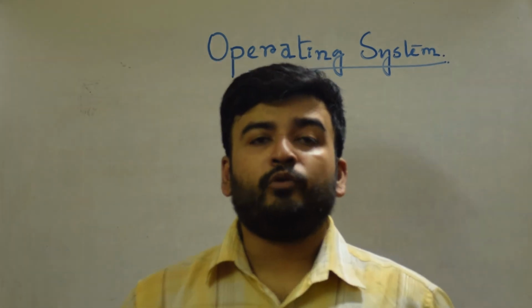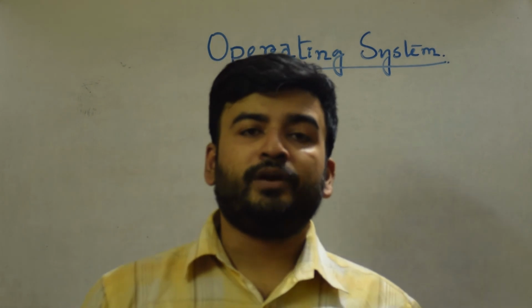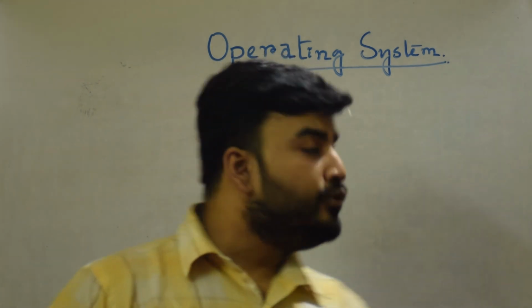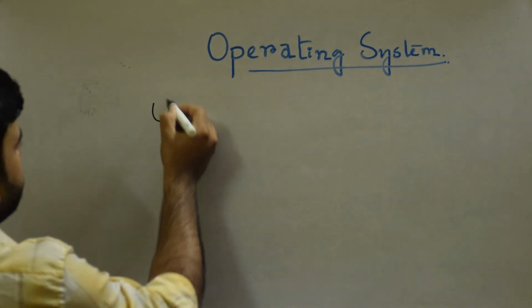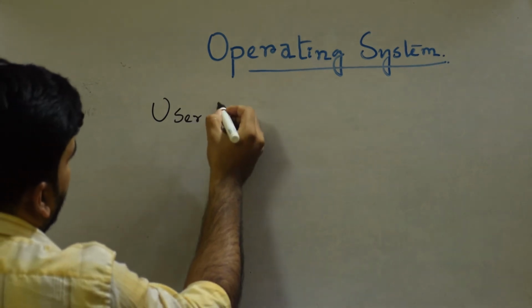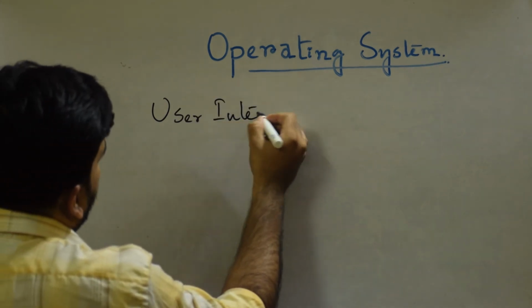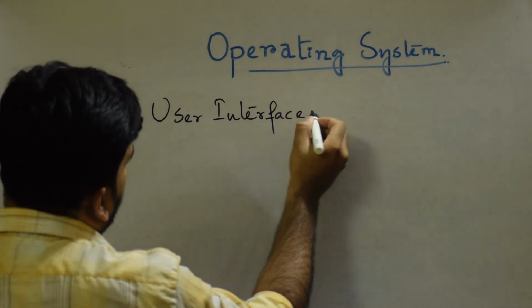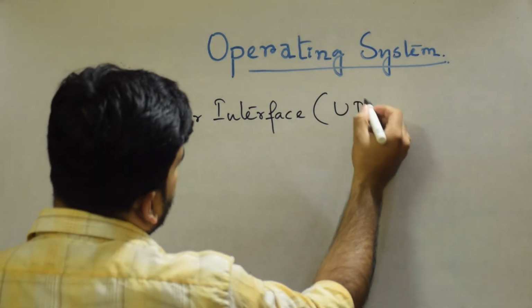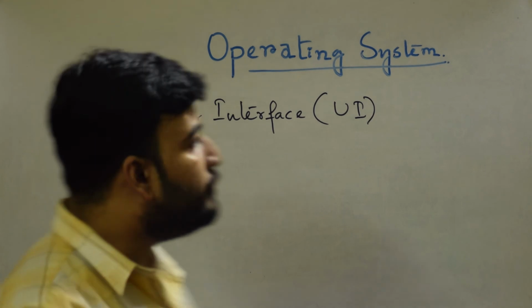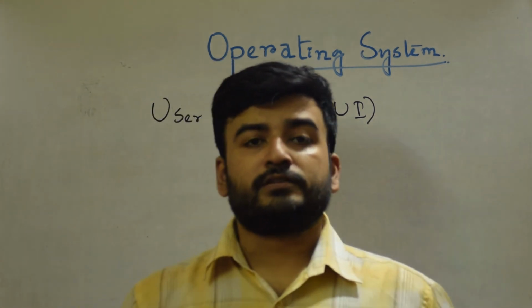Okay, right now I am going to explain the last part of this operating system, that is user interface. The short form is UI and the full form is user interface.